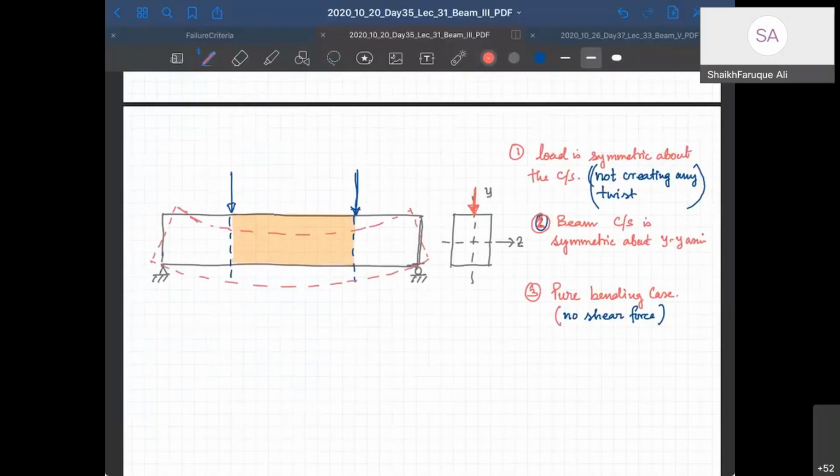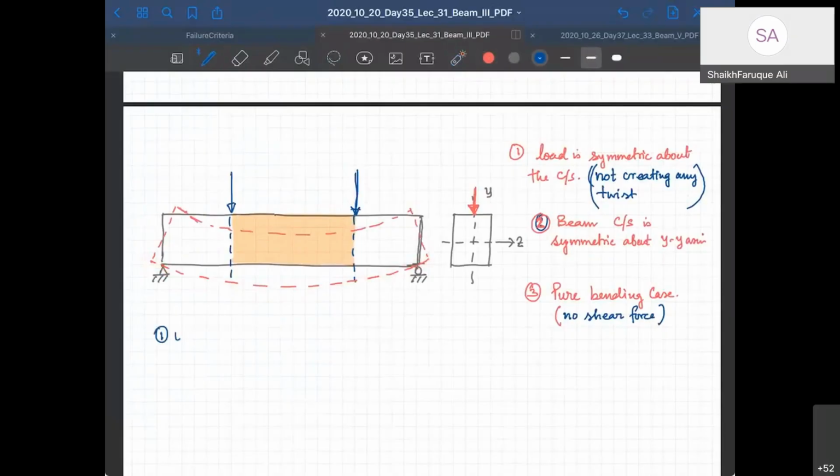Is that clear? The top portion is going to compress and the bottom portion is going to elongate. Very simple. Now, if the top portion compresses, reduction in length, and the bottom portion has increase in length, then there should be one portion where there is neither increase in length nor decrease in length. So let us write those phenomena.